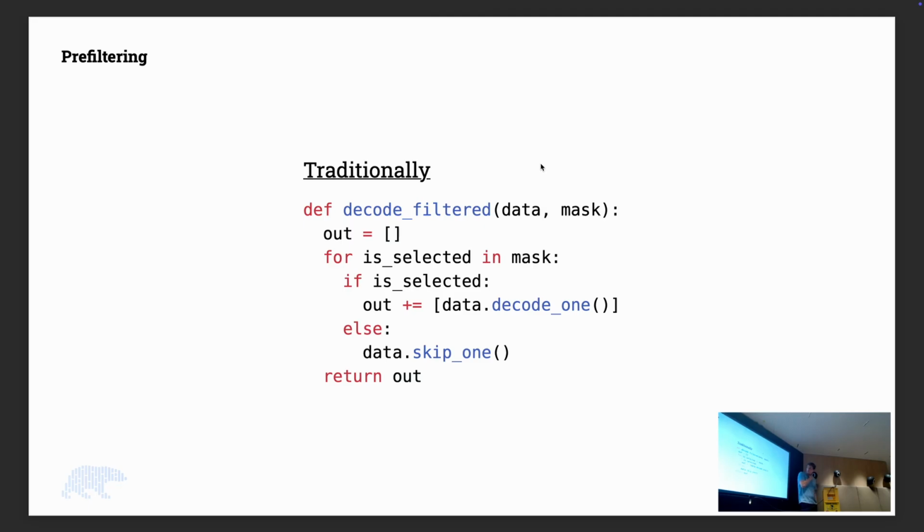To make this into a vectorized algorithm, it's quite complex. But basically, there are filter algorithms that allow you to not have to deal with this branch being there, and that deal very well with both low selectivity and high selectivity.